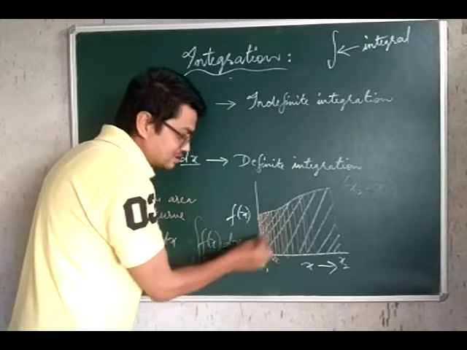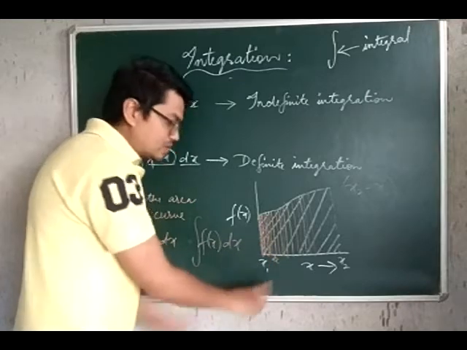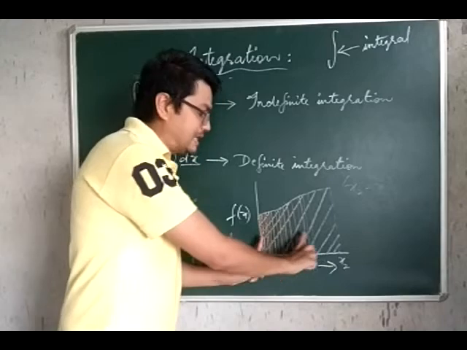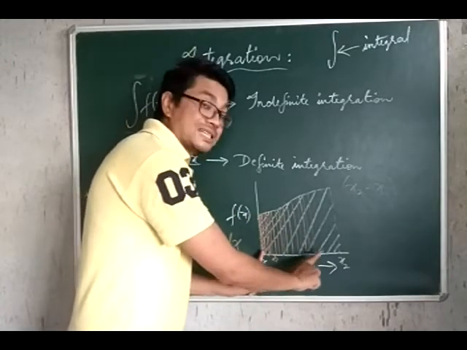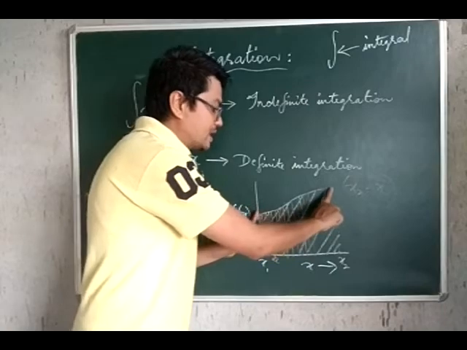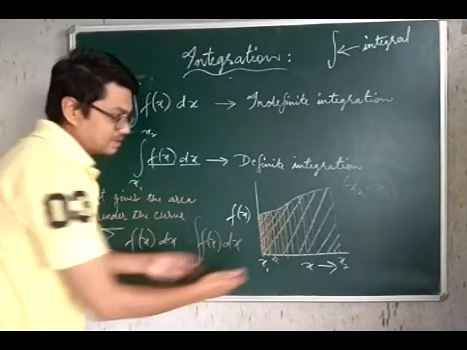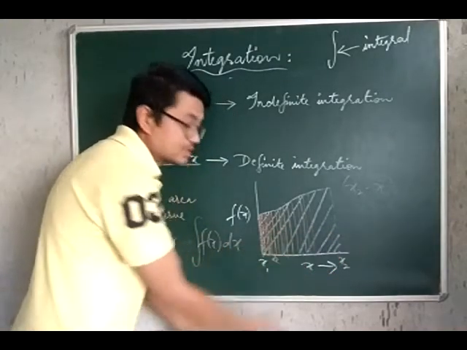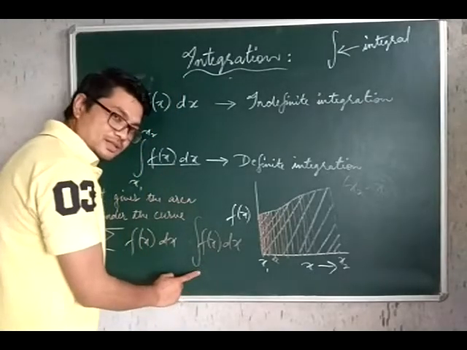F of x into dx is, like I've already told, the area of the small strip. So the sum of each of these f of x dx, together, is going to give us the area under this curve. That adding up of the small areas of the rectangular strips is mathematically represented by this.